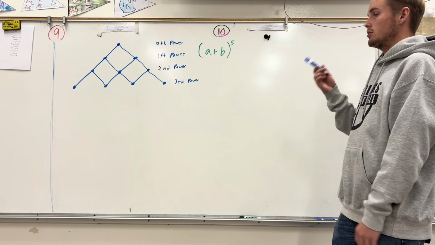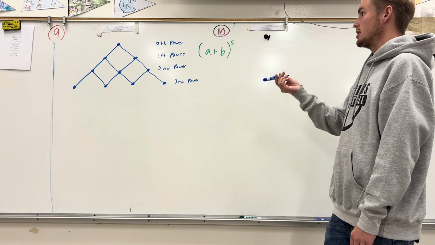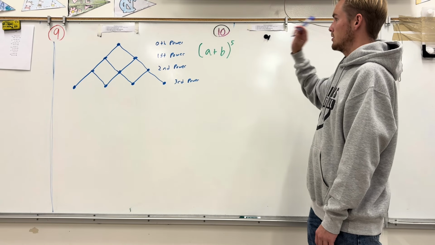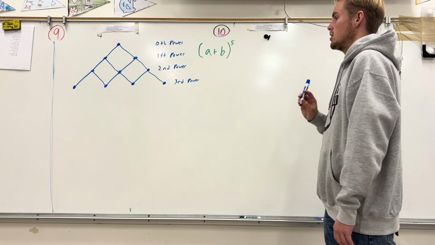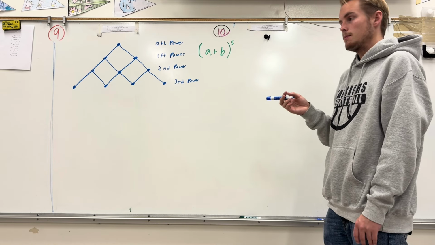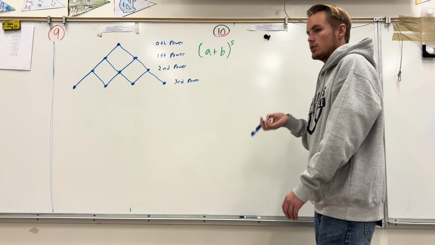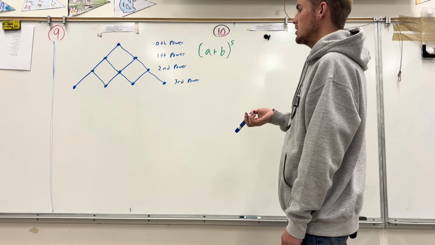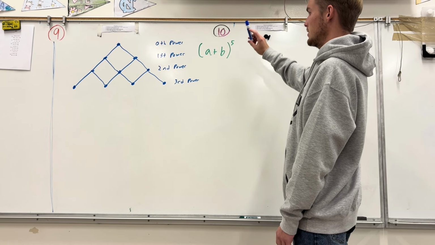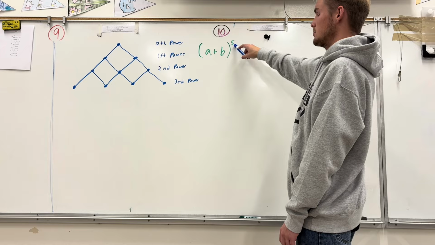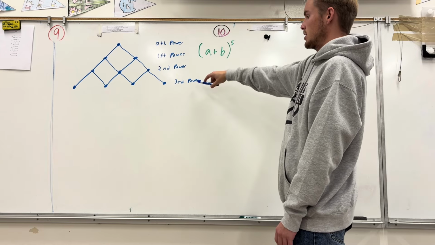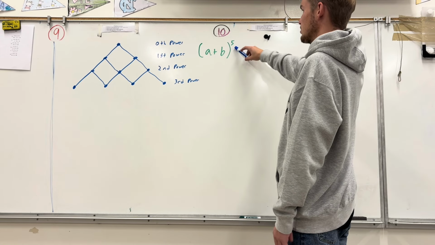We're going to keep on building this tree until we get to the 5th power in this case. So this tree can go on forever, but how we're using it, we're only going to keep on making it until we get to the level of the tree that matches this number up here. We're at the 3rd power now, so if this was to the power 3, we could stop there.